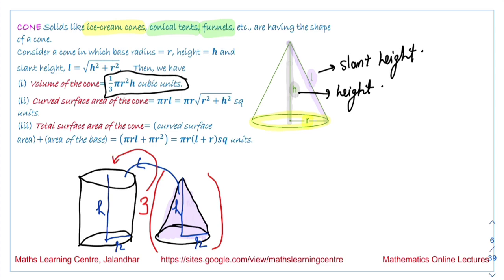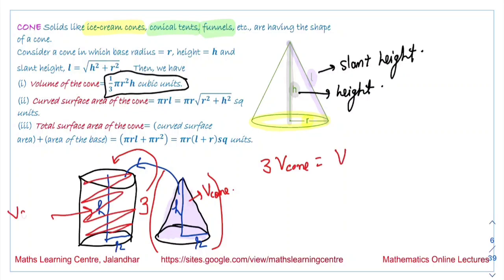So we are transferring the water, so the volume of the water we have over here, we are talking about the cone, so we write it as V cone. So 3 times the volume of the cone is equal to the volume of this cylinder.